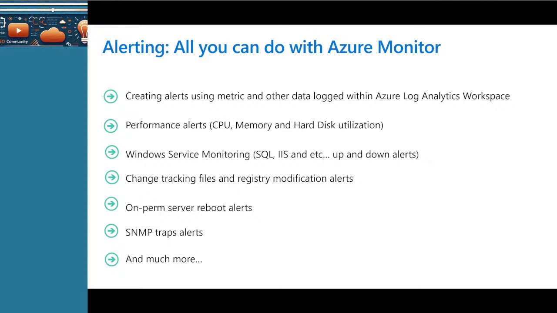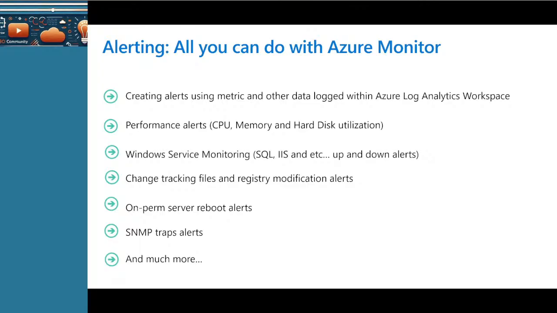Exactly. And based on this data, which is available and collected from Azure Monitor, these are the types of alerts which we can create. My favorite ones are Windows Service Monitoring alerts. And the interesting thing is this: not only for Microsoft-based products, as long as there is a service created on Windows Server by a third-party application running on the server, if the service is visible, you can very much monitor that.